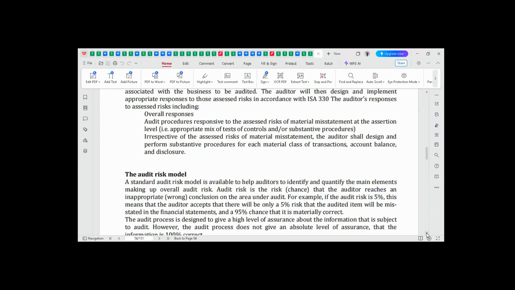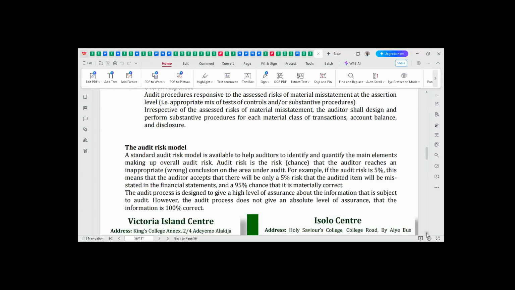So the audit risk, I take it again, is the risk that the auditor will give an inappropriate audit opinion. And it has three main components. Three main components make up the audit risk: inherent risk, control risk, and detection risk. These are the three risks that make up the audit risk.